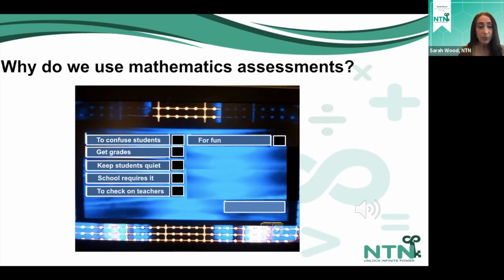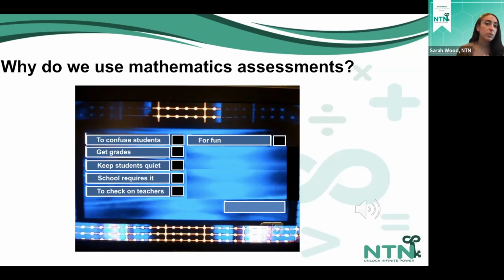So looking at the previous 2 examples that we had at the beginning, yeah, it could just confuse students, or it could just be for fun. But as I had just previously mentioned, although they look like math items because they have numbers included, they aren't testing anything that is standards aligned or standards based, where students would actually need to apply some mathematical knowledge in order to complete those questions.